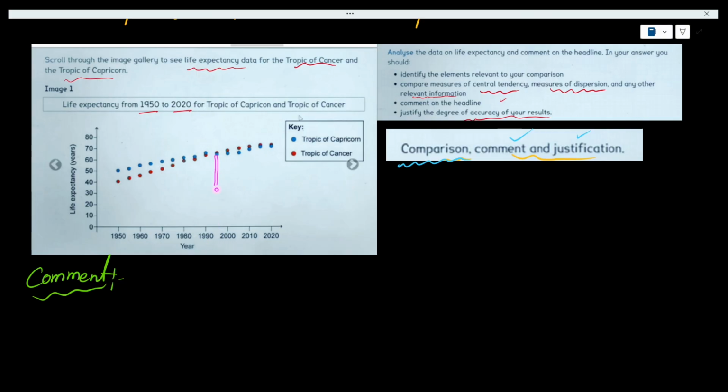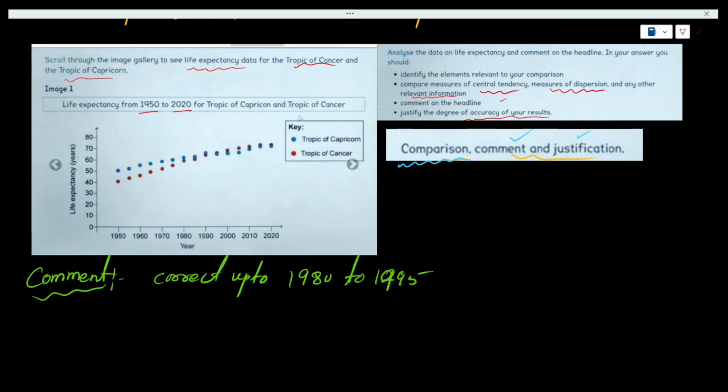Till here, the life expectancy is correct up to 1980 to 2000 or 1995, where the Tropic of Cancer has less life expectancy than this.